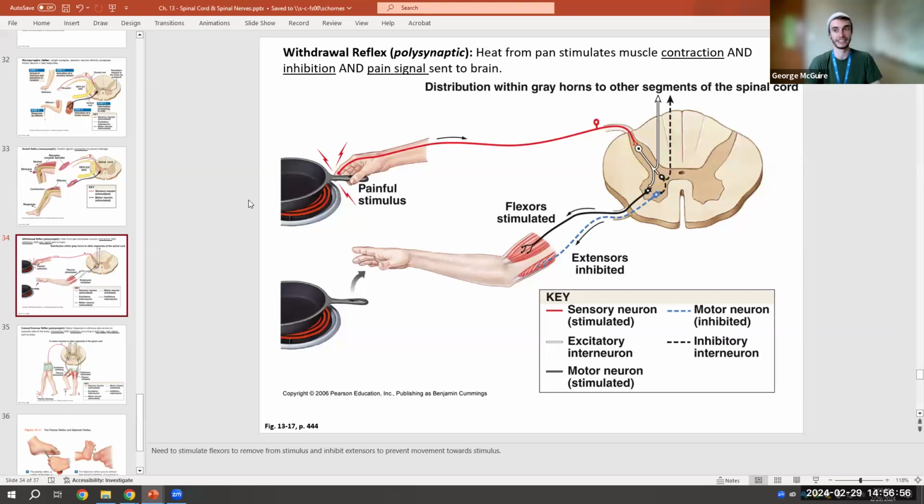experiencing pain in this case, we need to flex and inhibit the opposite side. So rather than just stimulating one movement, we are also simultaneously inhibiting the opposite movement. Because as you reach for this pan, you're basically sending signals from your brain through these motor neurons to your triceps and other muscles that are involved in extending your elbow, telling your arm to extend to grab onto this pan.